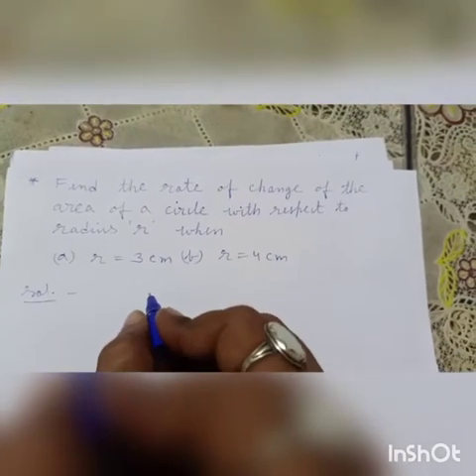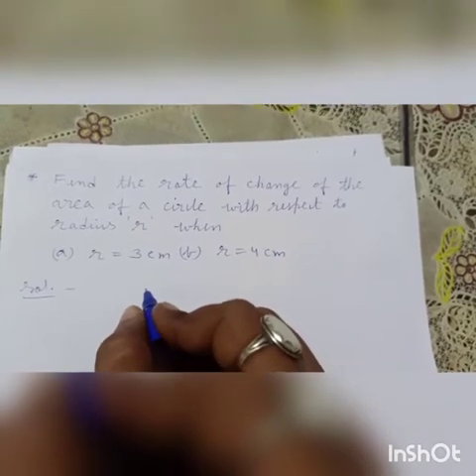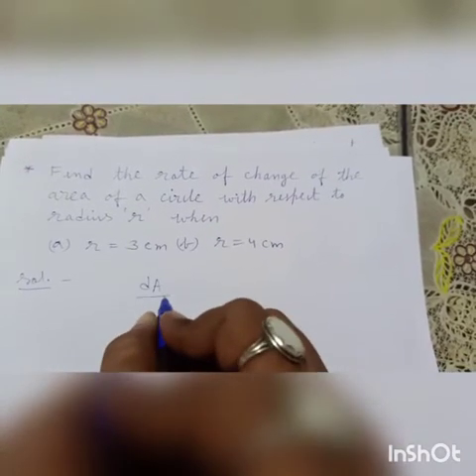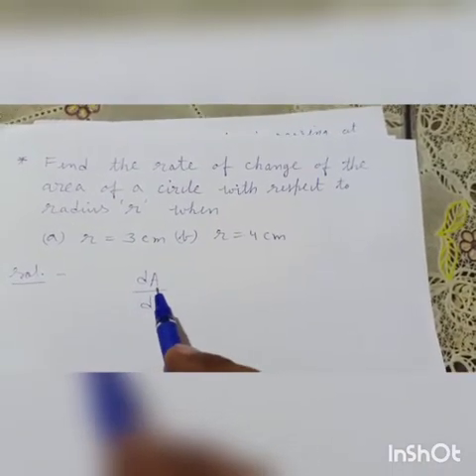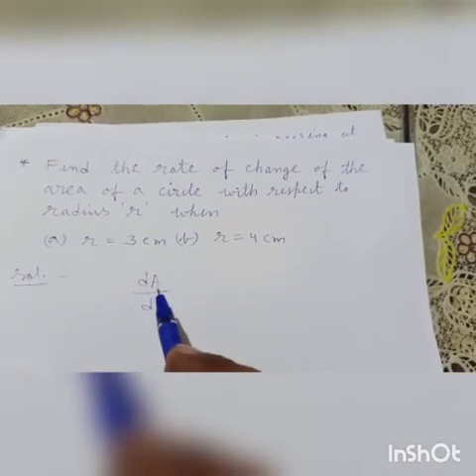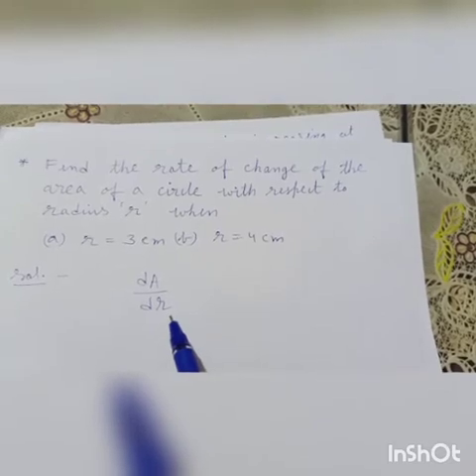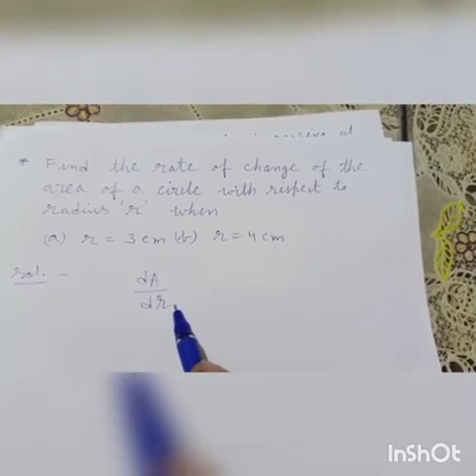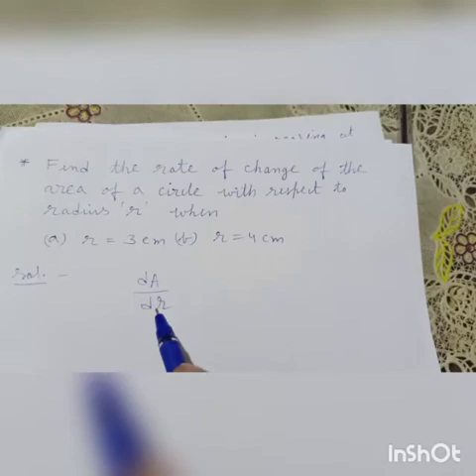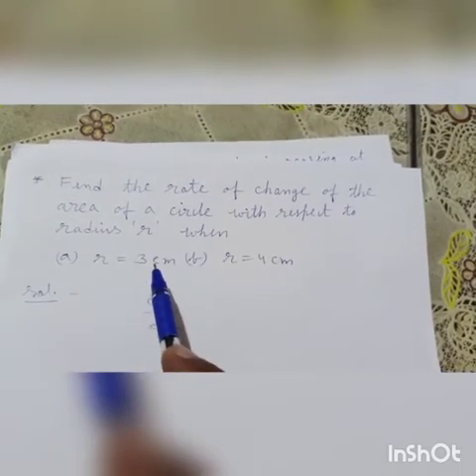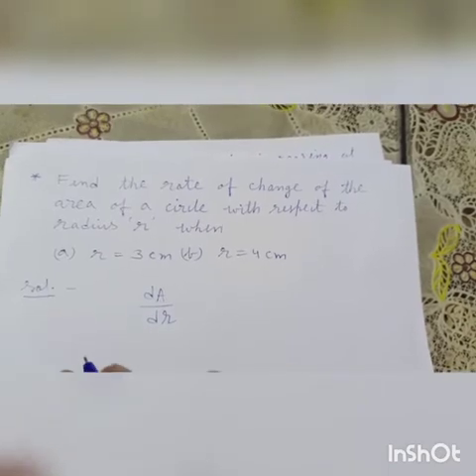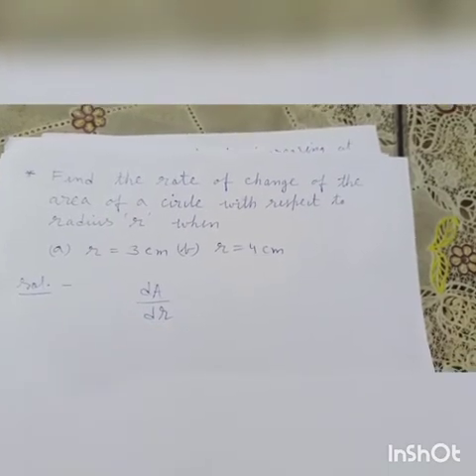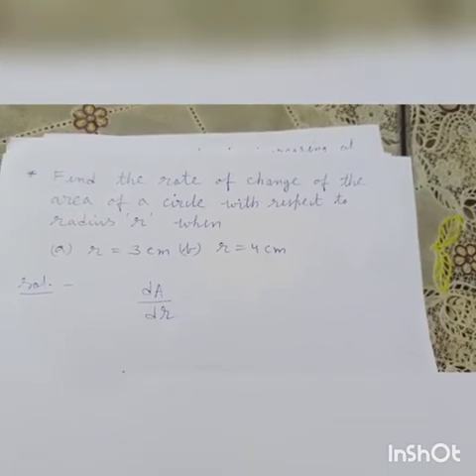If we assume area as capital A, then we have to find dA upon dr. This symbol represents the rate of change of the area with respect to radius r. And we have to find this value in two conditions, when r equals 3 centimeter and when r equals 4 centimeter. So first we will find the value of dA upon dr.